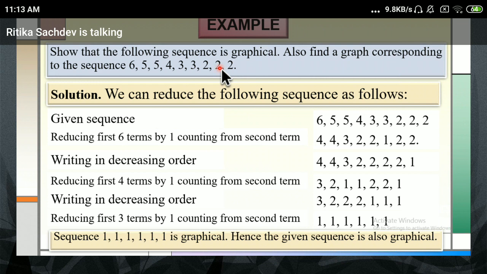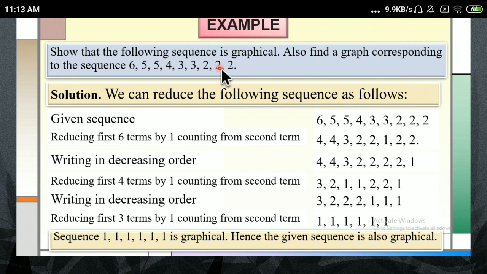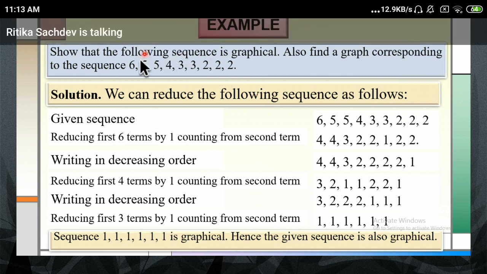Minakshi, also add up all these numbers in the sequence and tell me what is the total number. 32. Fine. Now check if there is a graph where 36 edges are possible.